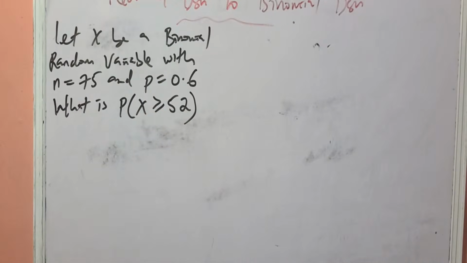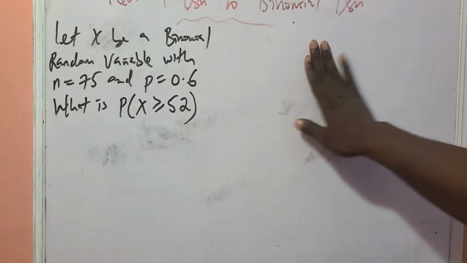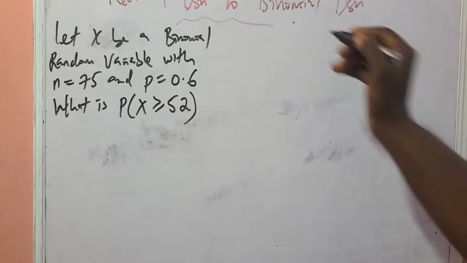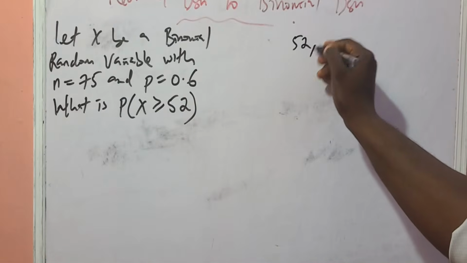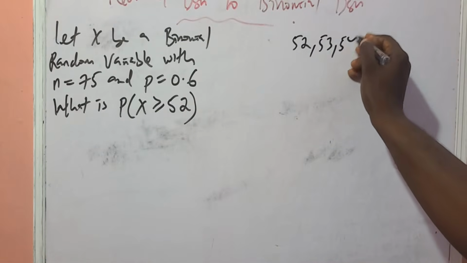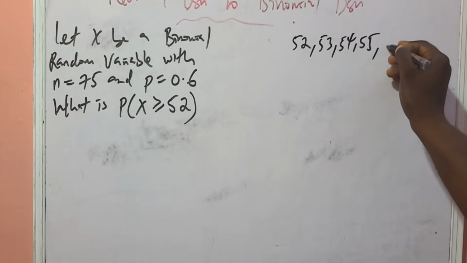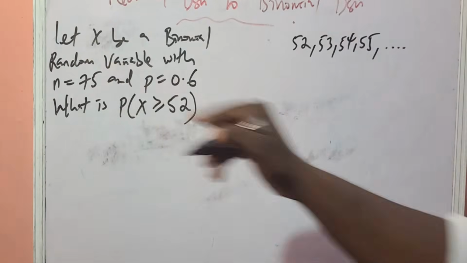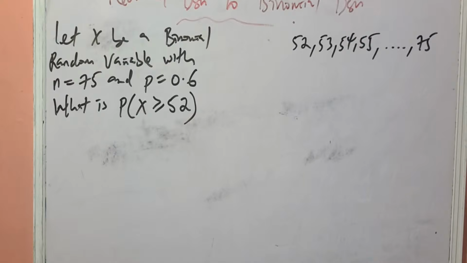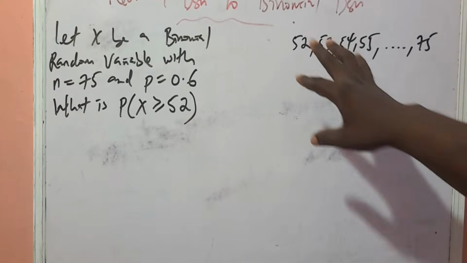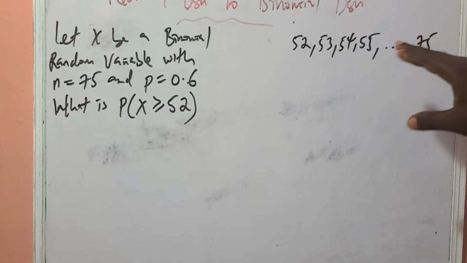And don't forget your number of trials is 75. Now, for you to solve this using binomial, you'll be having to do when x was 52, when x was 53, 54, 55, up until you got to the value for n, which is 75. Now, can you picture yourself in an exam hall having to solve this? And how long is it going to take you?